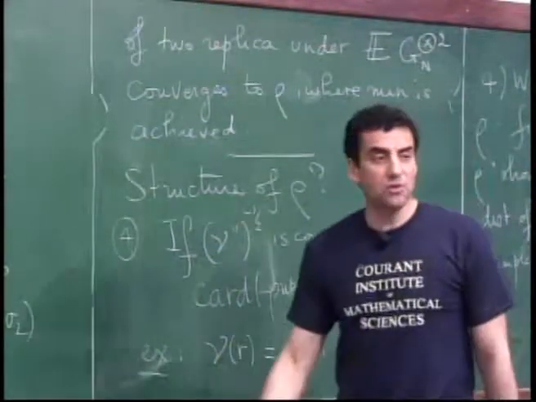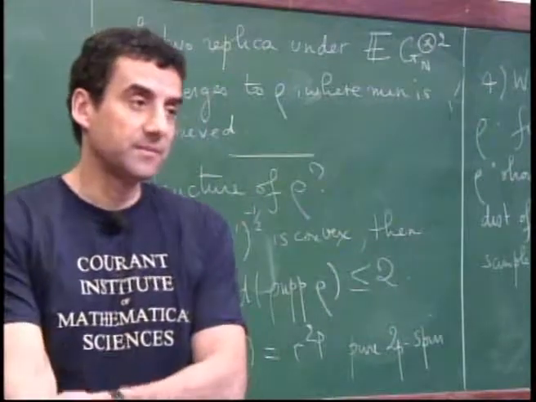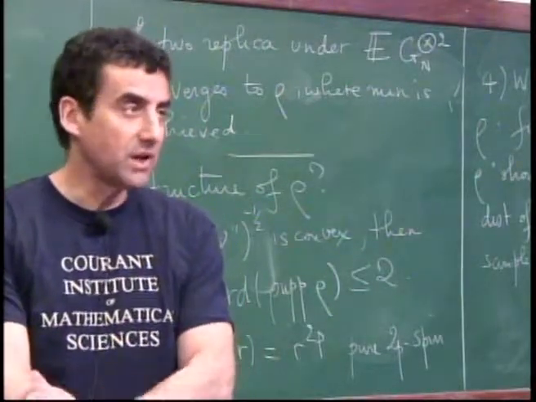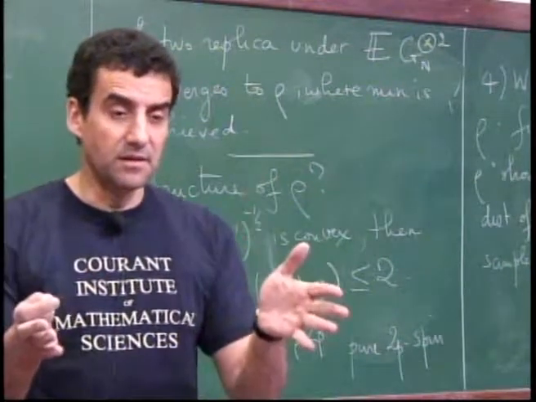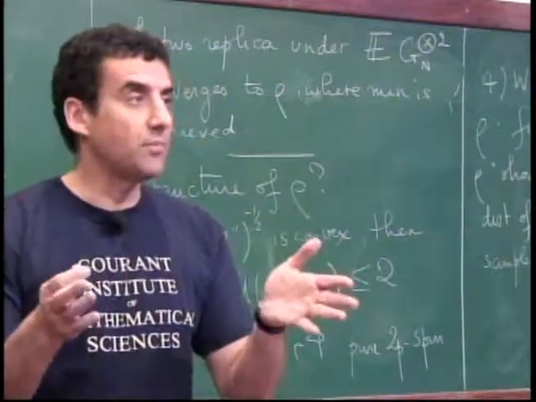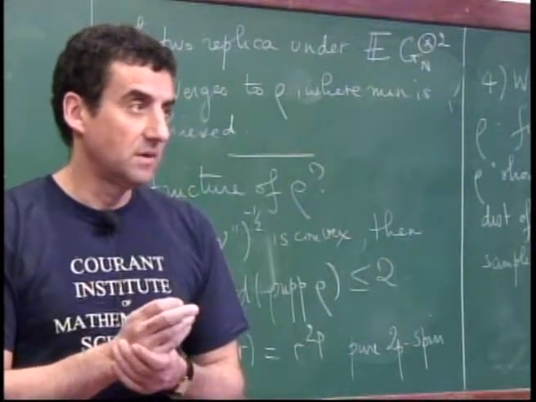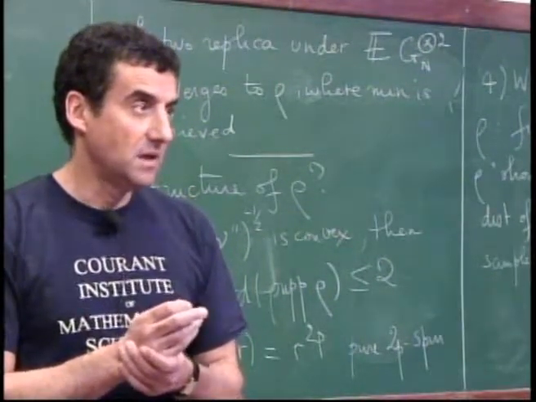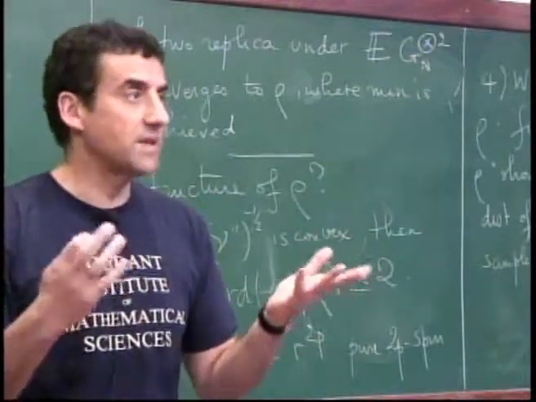So what this tells you is the following. If you take a pure p-spin in the spherical case, then it is one-step replica symmetry breaking, depending on the temperature. At high temperature, it will be replica symmetric.